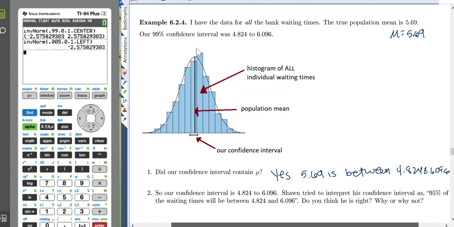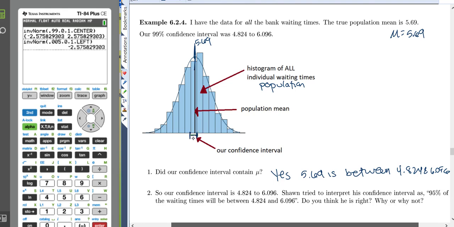I did a little graph here, so you can see this histogram is a histogram of all the individual waiting times. That means the actual population. And you can see this little line here, that's the actual population mean, at our 5.69. And right here, this is our actual confidence interval.